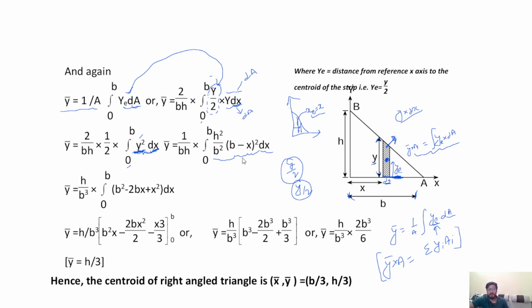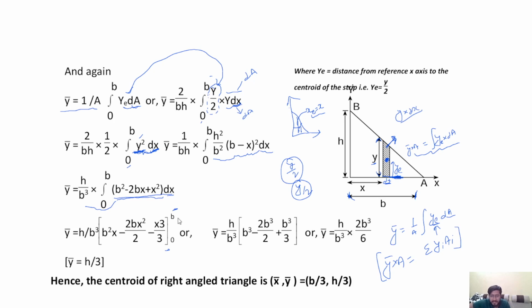So b minus x whole square is equal to b square minus 2bx plus x square, times dx, and h square by b square is taken out of the integration, and first integrate this and take the limit of this integration, 0 is the lower limit and b is the upper limit.